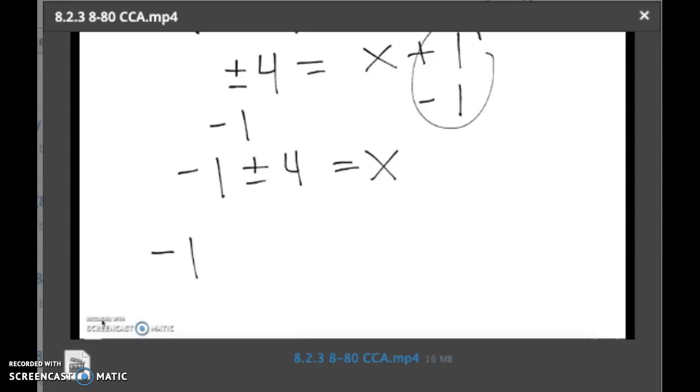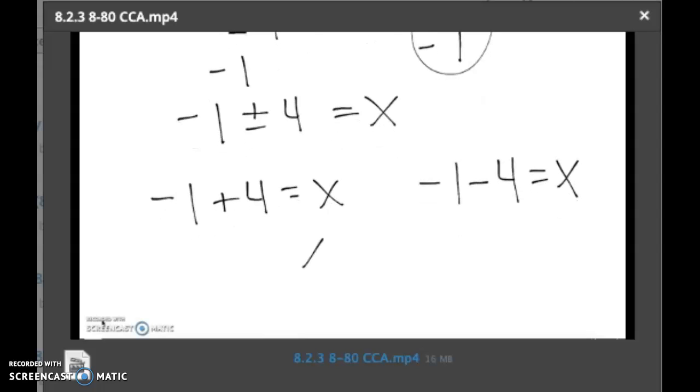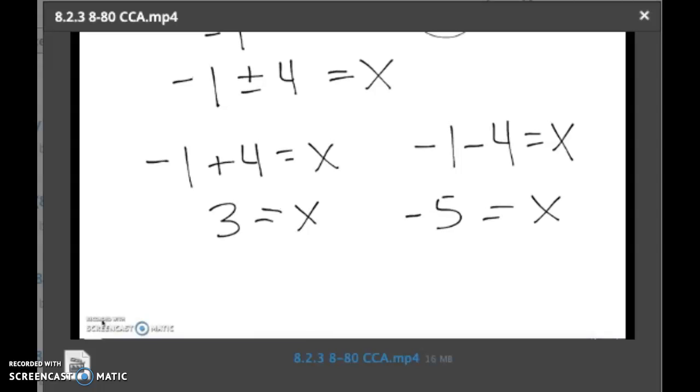We have negative 1 plus 4 equal to x, and we have negative 1 minus 4 equal to x. Over here we get that x equals 3, and over here we get that x equals negative 5. And if you remember from above, those were the same x-intercepts we got when we solved by using the zero product property.